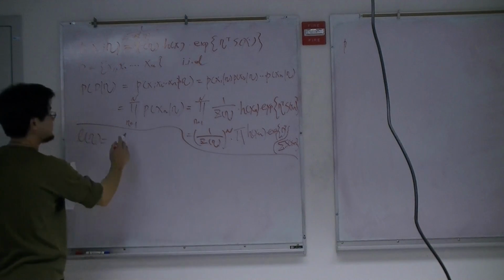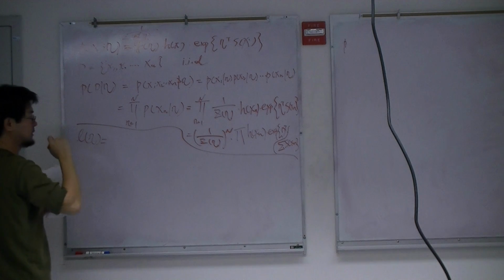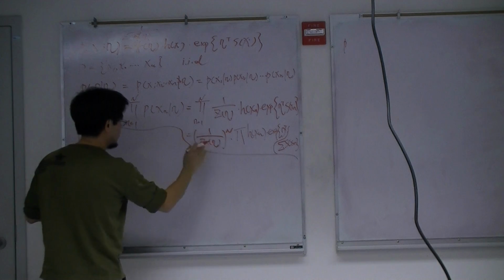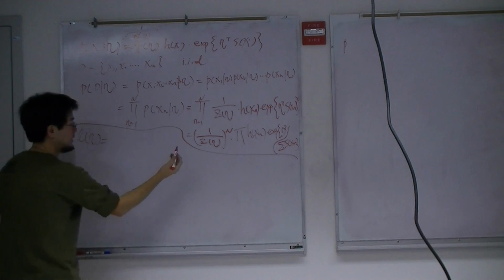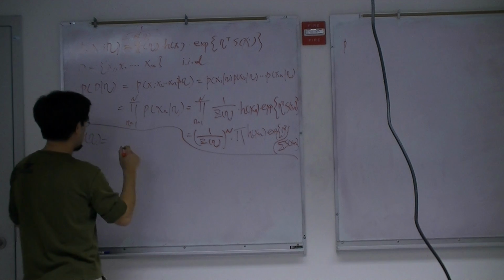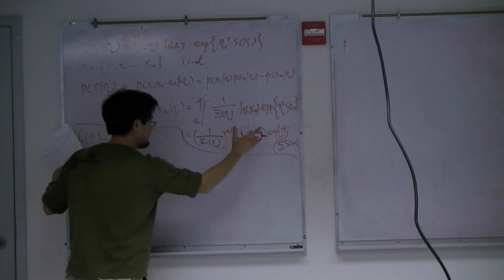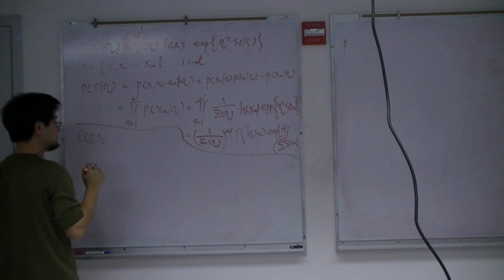This is the product of this requirement, the likelihood function. No, this is a joint likelihood, a joint probability. Now we are going to take the log of this product to get the log likelihood of eta.